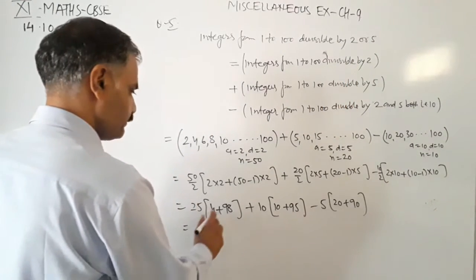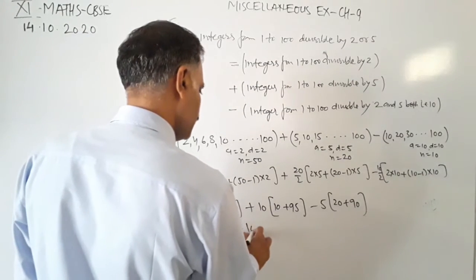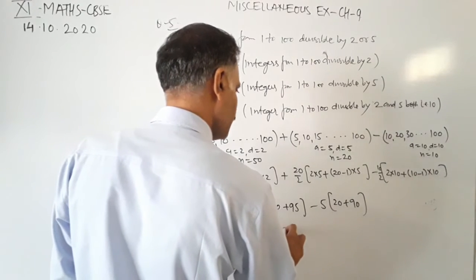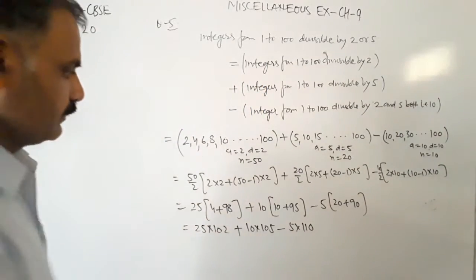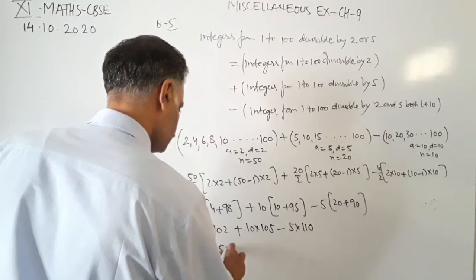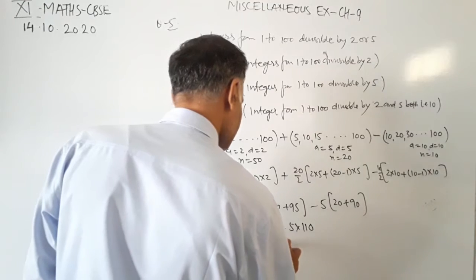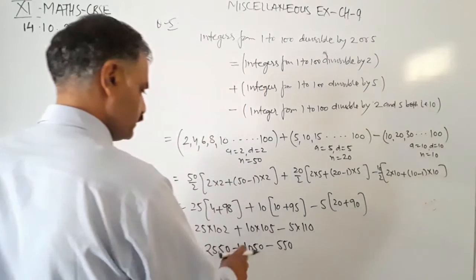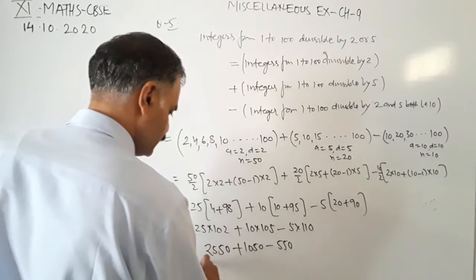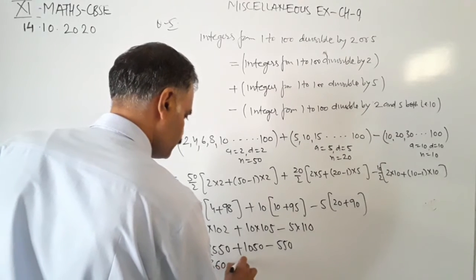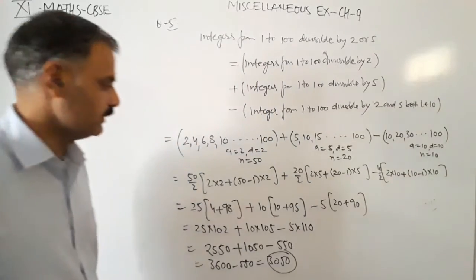So solving this, 25 into 102 plus 10 into 105 minus 5 into 110. So this is equal to 2550 plus 1050 minus 550, equals 3600 and 50, minus 550, equals 3050.